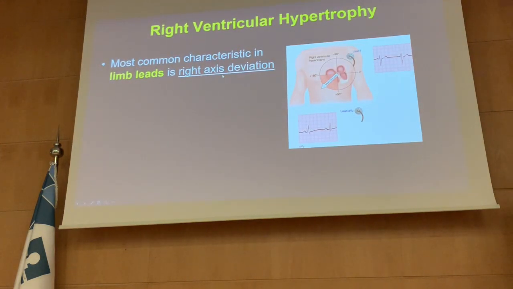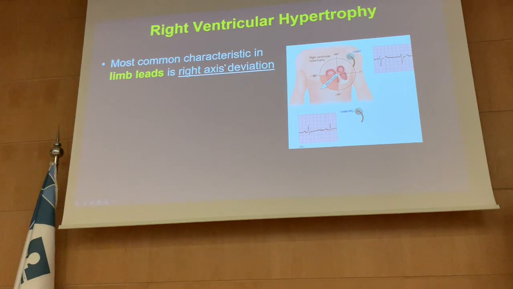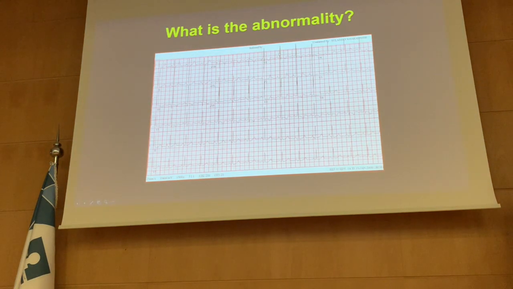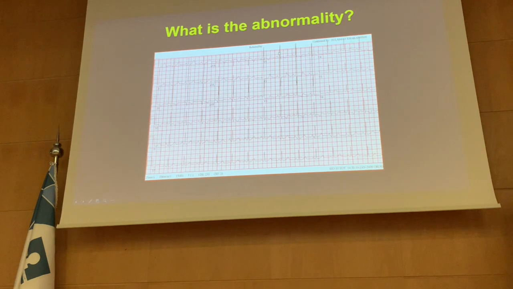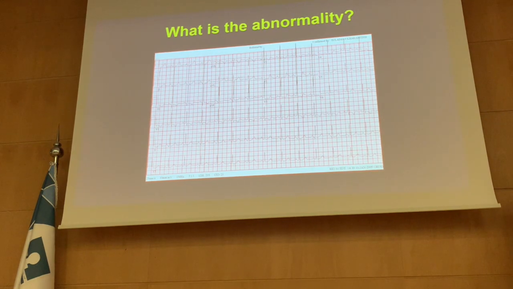So remember, for right ventricular hypertrophy, if you're stuck, there is also a backup. Nurhan seems upset today. So what is the backup for right ventricular hypertrophy, Nurhan? If you're stuck and don't know whether this patient has right ventricular hypertrophy or not, you have a mental block in the exam, what are you going to do? Check the axis. Exactly. Most cases of right ventricular hypertrophy have right axis deviation.